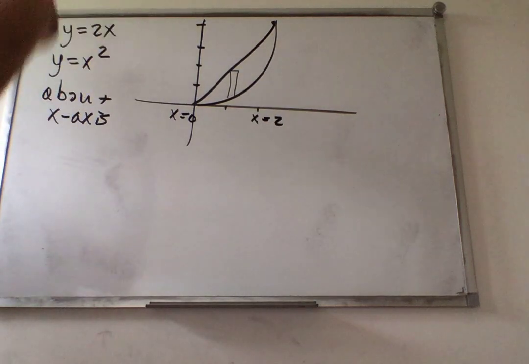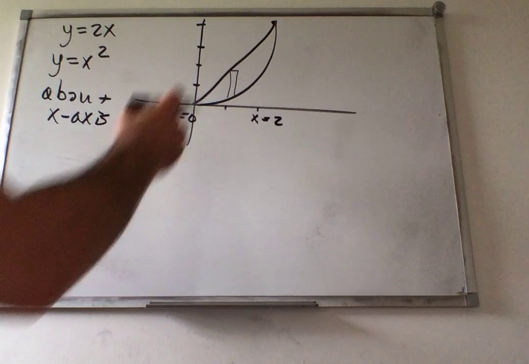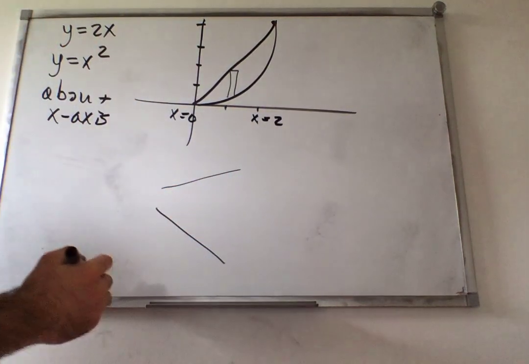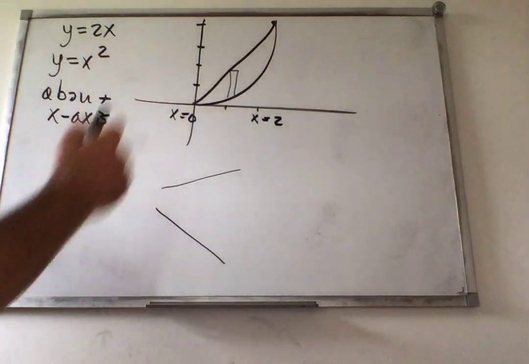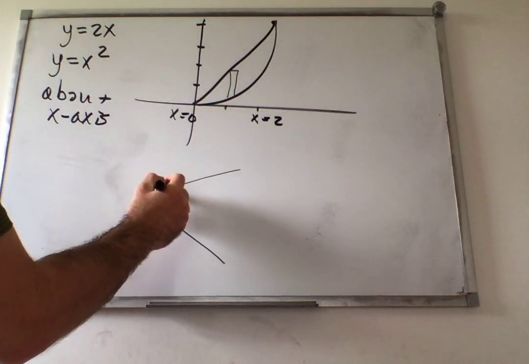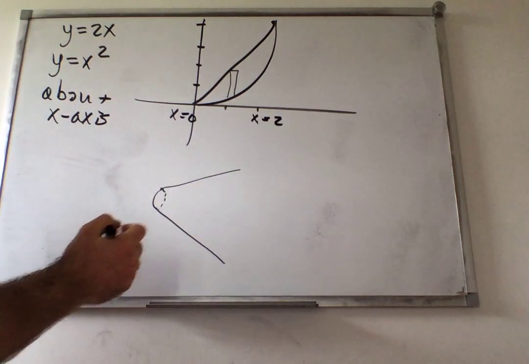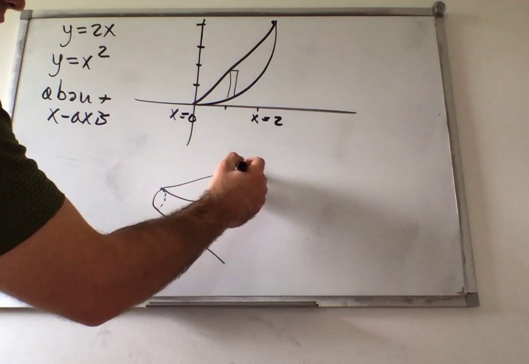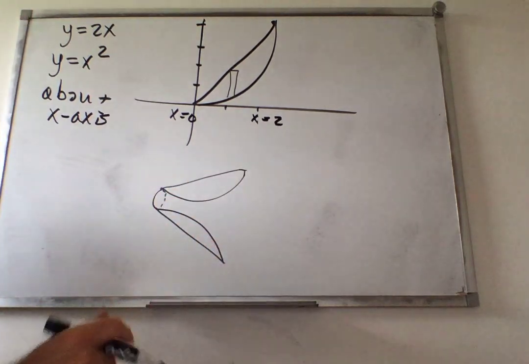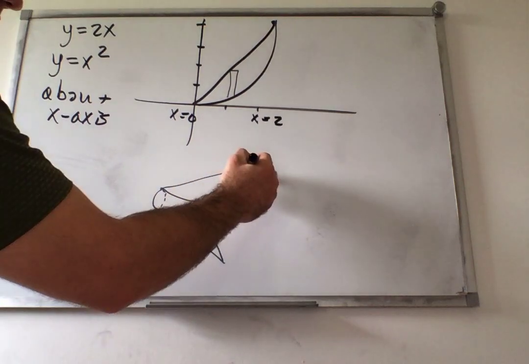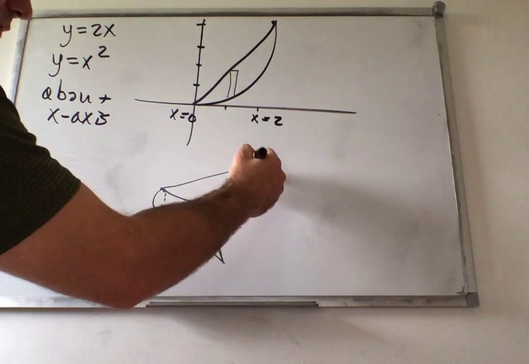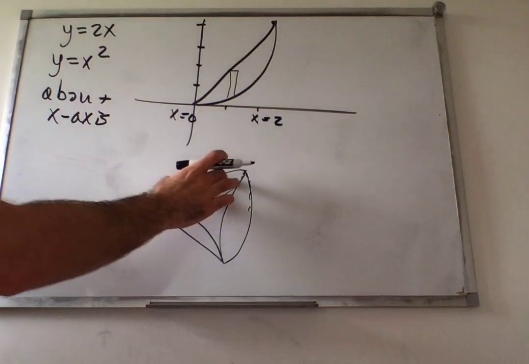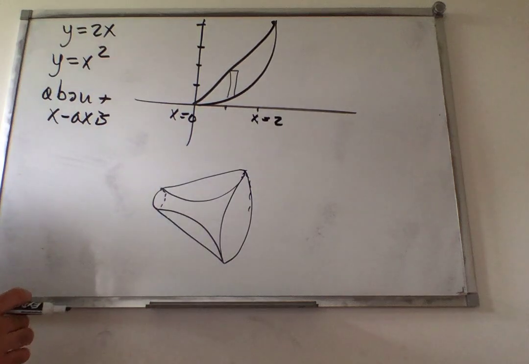And when we revolve this, this is going to look really weird. On the outside, it's going to be straight, and then on the inside, it's going to look something like that, where in here is all solid and inside here is all hollow.